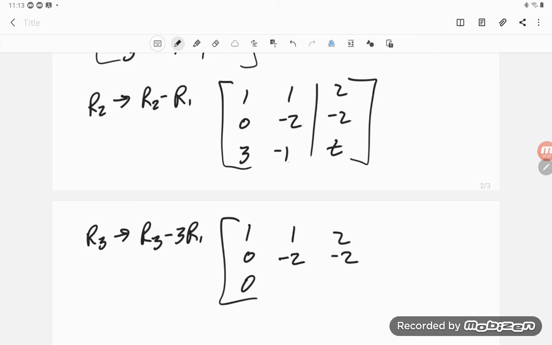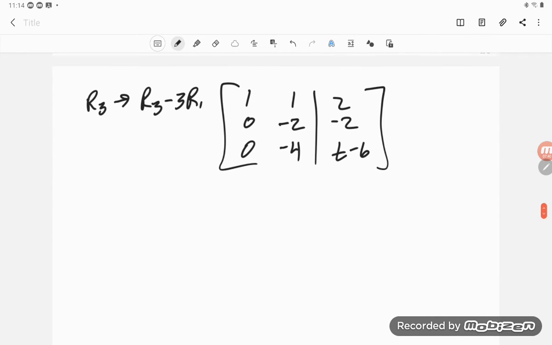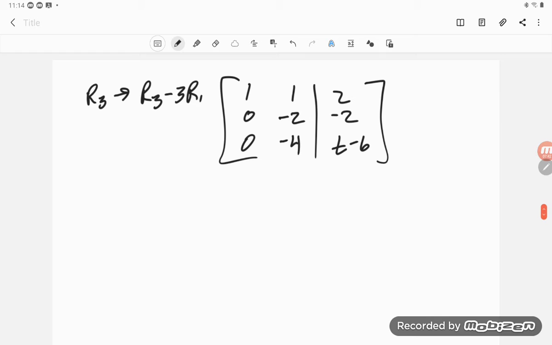Now I have negative 1 minus 3, that's negative 4. And then I have t minus 6. So it's t minus 6. That's what I'm stuck with. And now I want to turn my negative 2 into a 1.